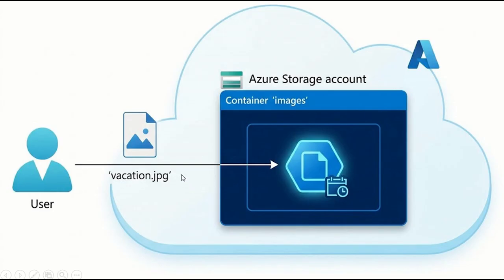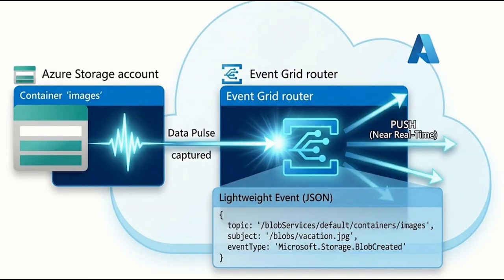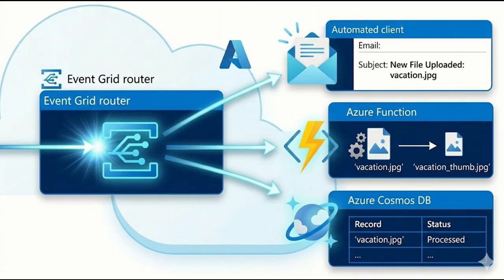It is nothing but an image. Now, what happens then? Event Grid immediately pushes an event, and multiple subscribers react. Like, it sends emails, resizes images, and updates the database.